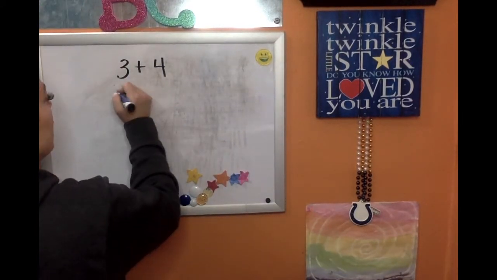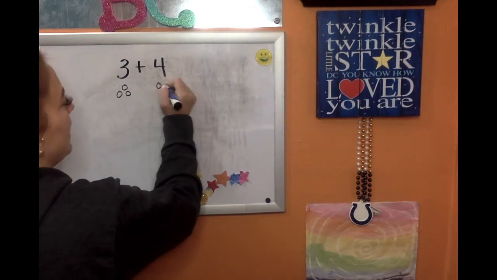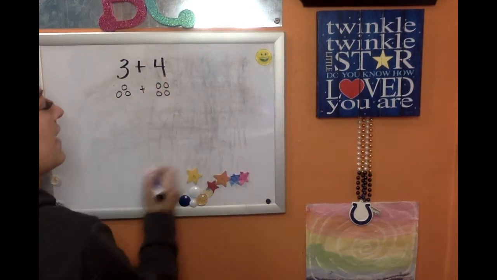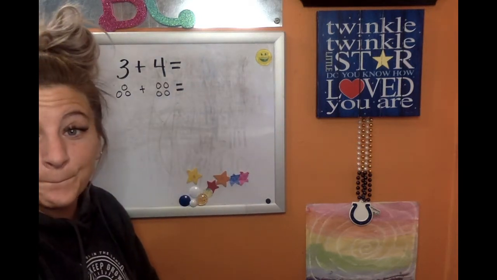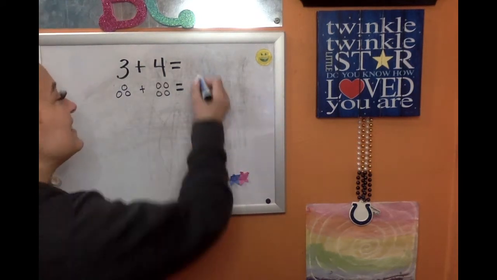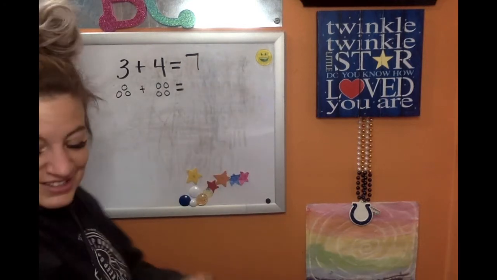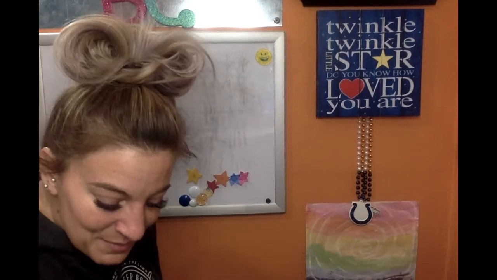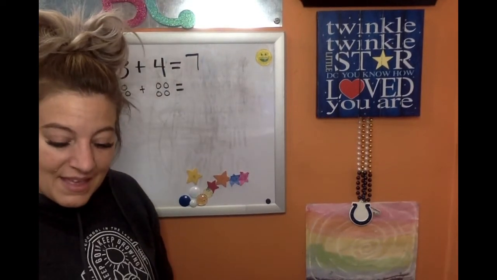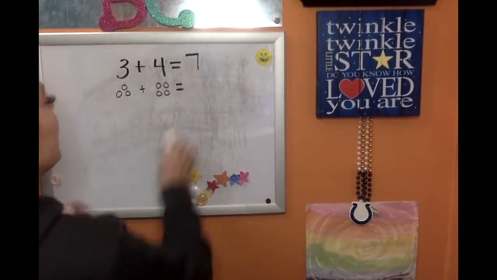I could make 3 circles and 4 circles and add them together. What is 3 plus 4? 7! Good job!